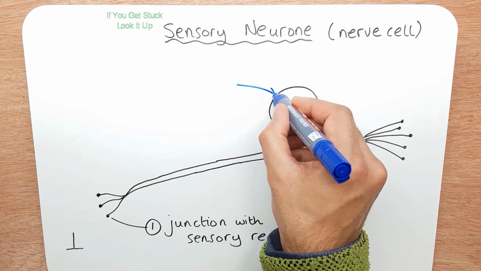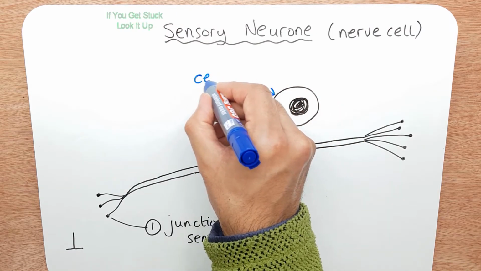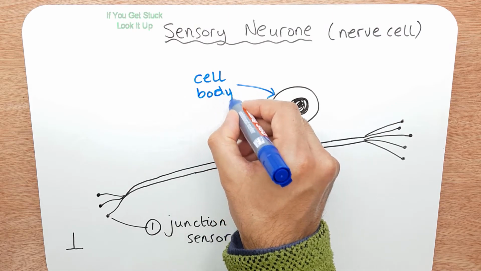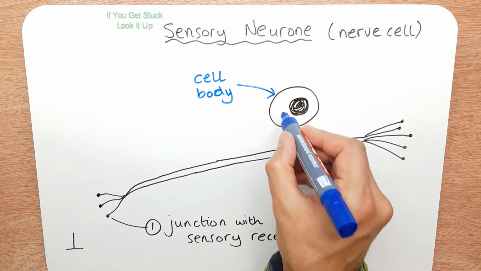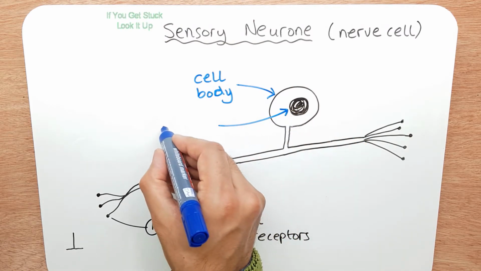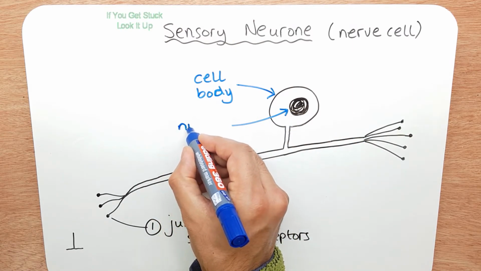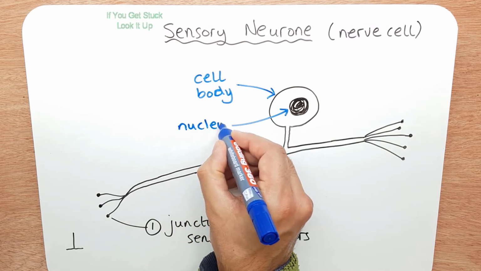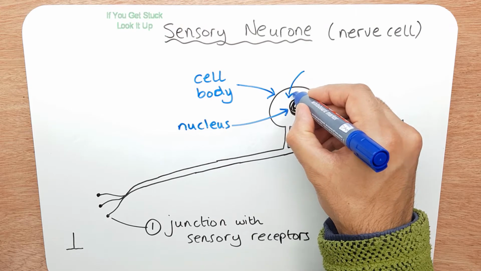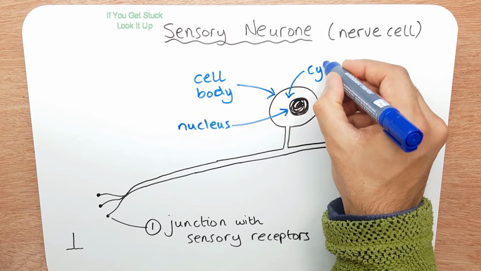So we'll label this the cell body. And inside you have the nucleus. And again, you will have the cytoplasm.